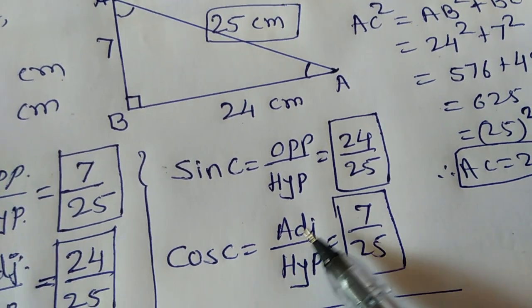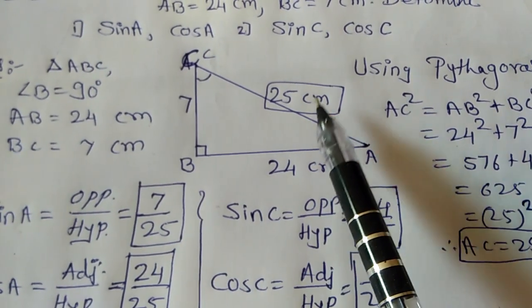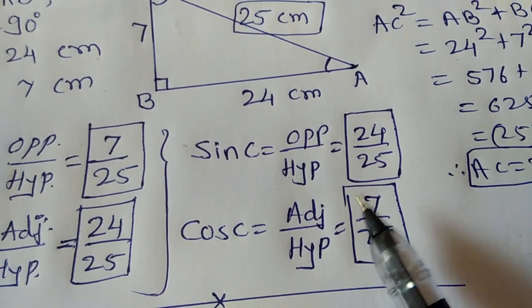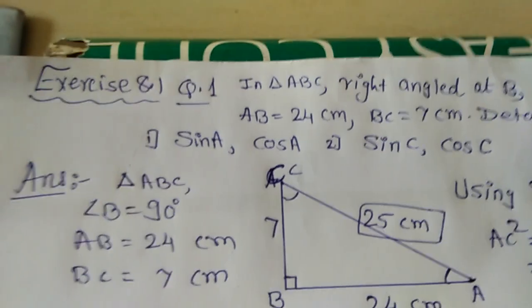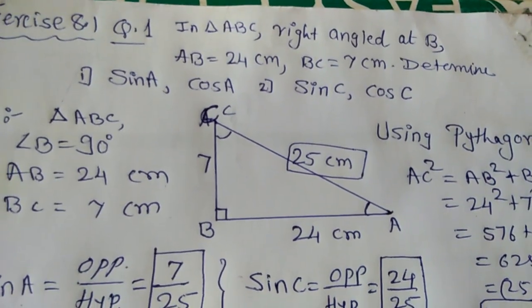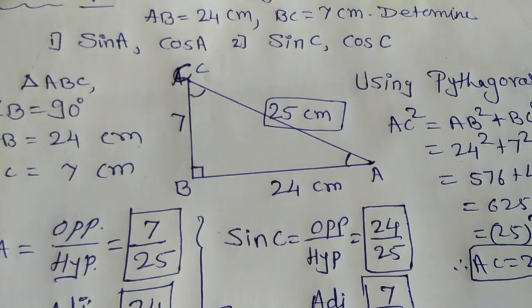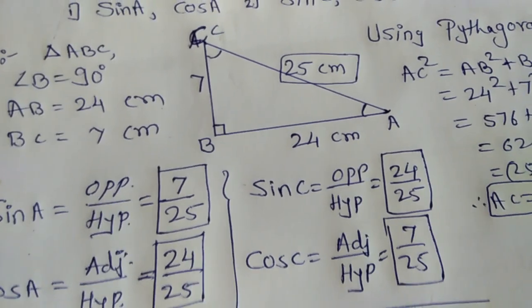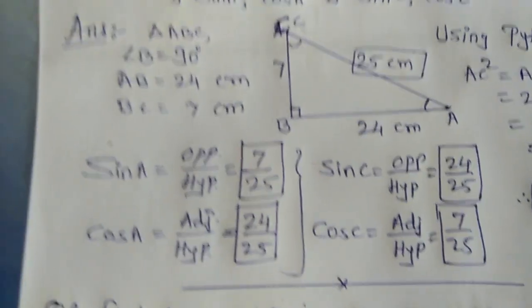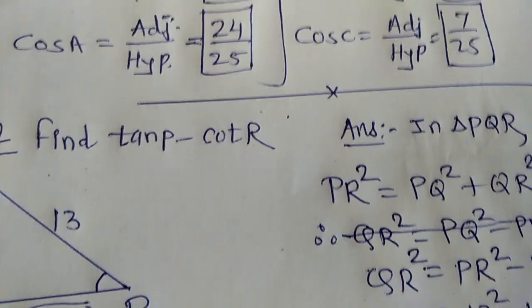And cos C is equal to adjacent upon hypotenuse, and it is 7 upon 25. In this way, question 1 tells us that two sides are given, the third can be found using Pythagoras theorem, and if you know all three side lengths, then you can find whatever ratios are required in the question. Now we continue with the second question.